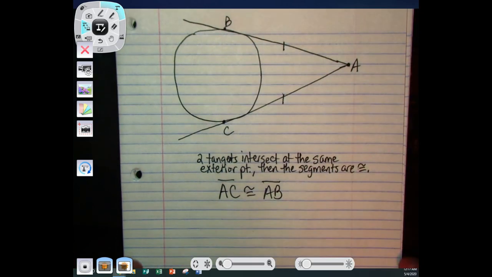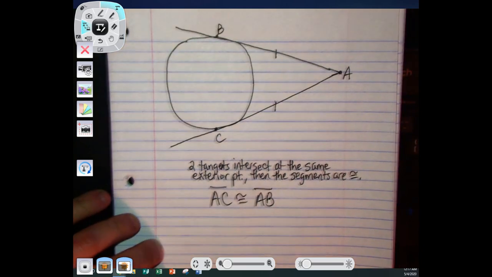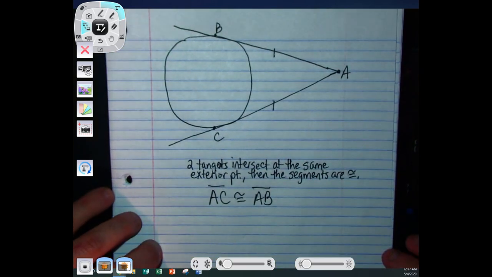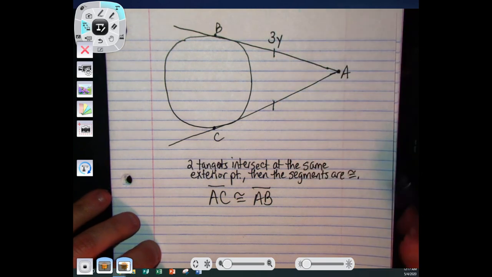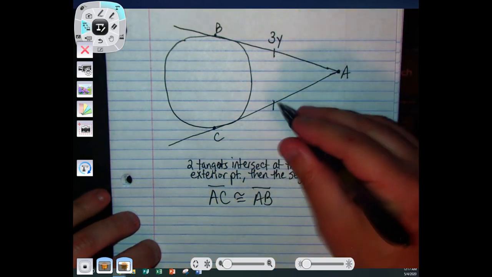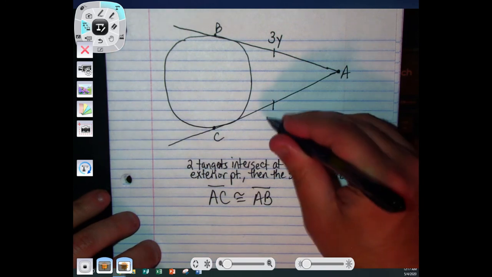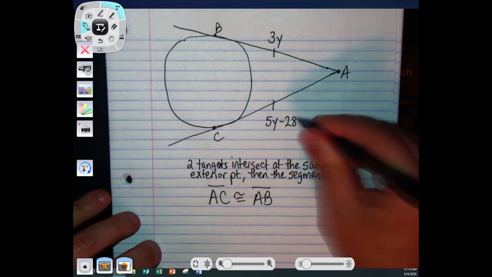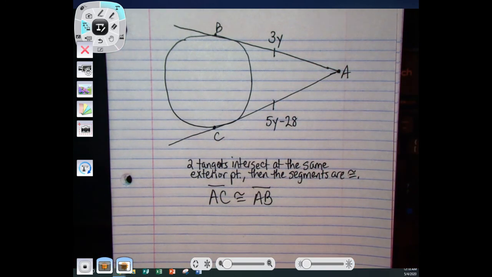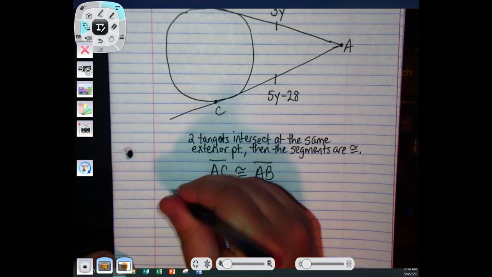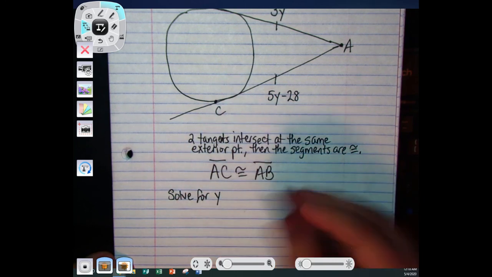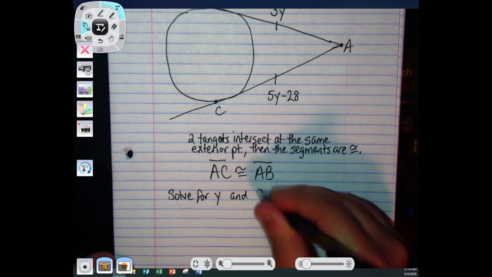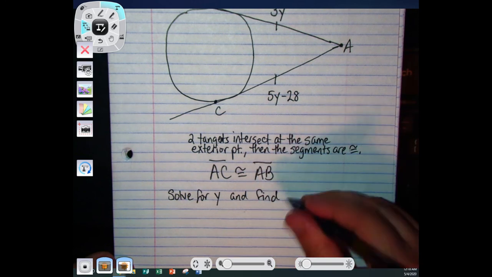Now, where could we see this applied? Well, for example, they might tell us that AB is equal to 3y, and they'll tell us that AC is equal to 5y minus 28. And they'll say, solve for y and find, so they'll say two directions. One will say solve for y and find, let's do AC.